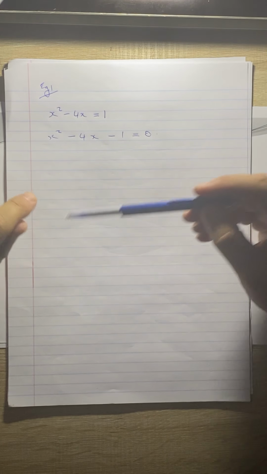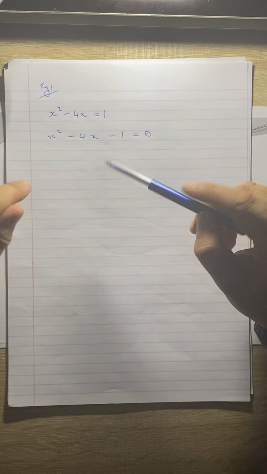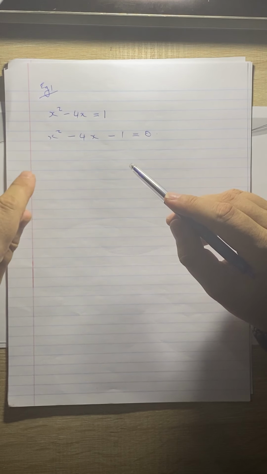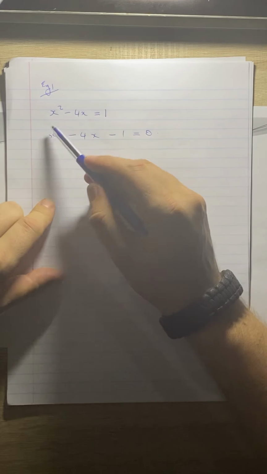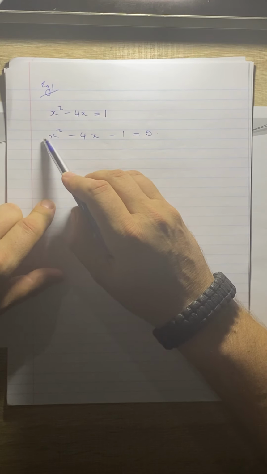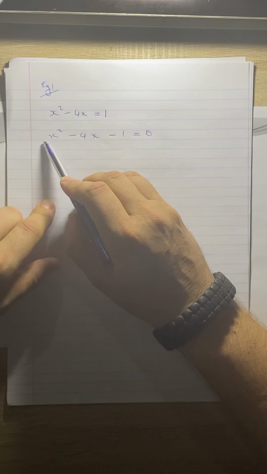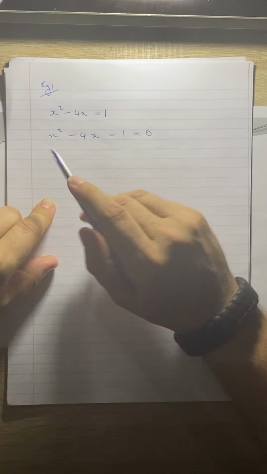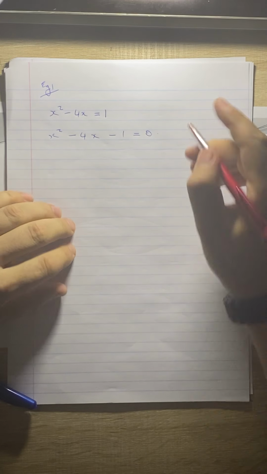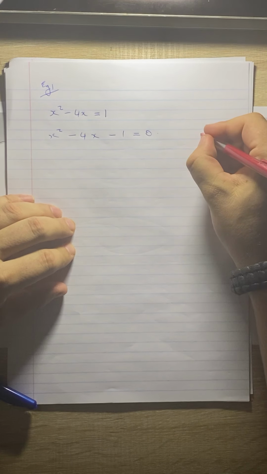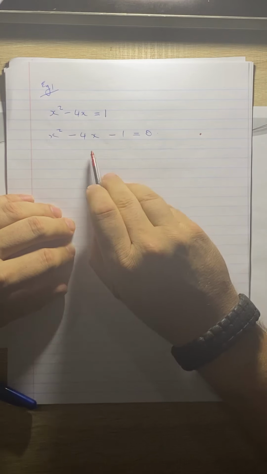Now, in order to complete the square, grade 11s, first things first, we must make sure that the coefficient of x squared is 1. So here's my x squared, and the coefficient there is 1. We'll go through an example where it's not 1 in a second, okay? Now, the next thing that I want you to do is look for the coefficient of x.